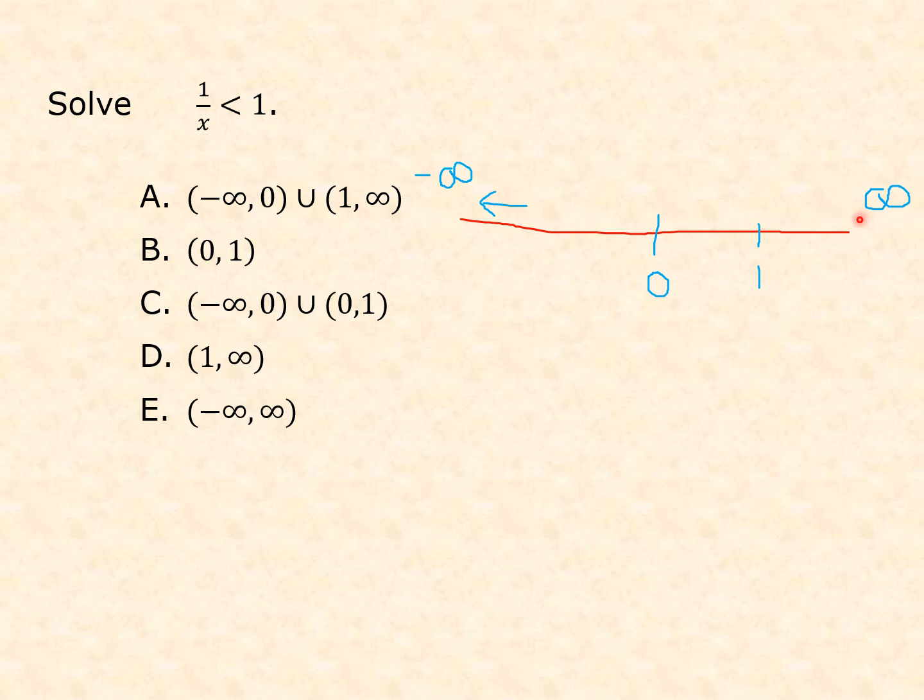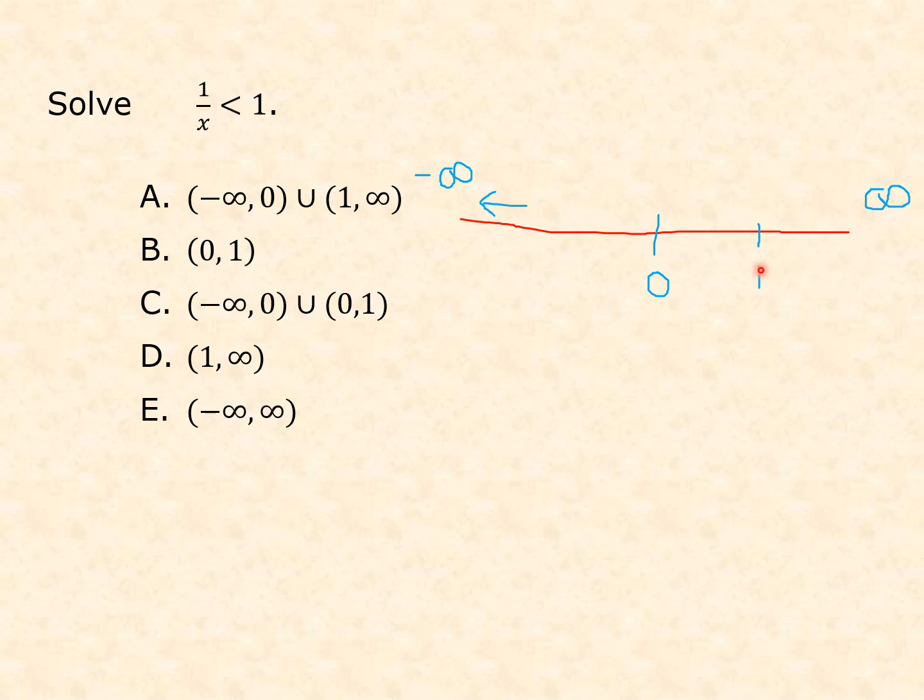And then for the numbers which are larger than 1, let's say 2, 3, 4, 5, if we take the reciprocal, then we know that the numbers must be less than 1. So that means all the numbers which are larger than 1 are part of the answer.